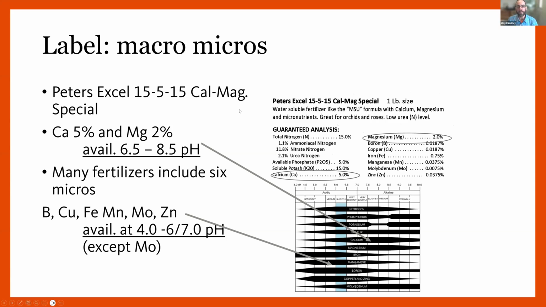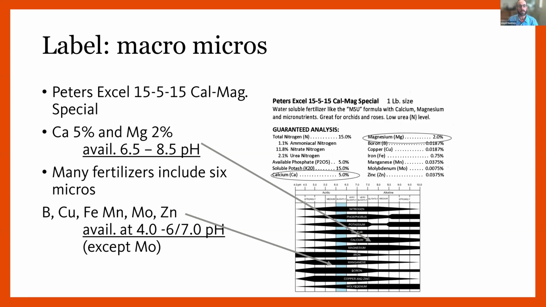You can also find very specific fertilizers. This one, which is relatively common, is called a CalMag or a CalMag Special. And that just means it has a higher proportion of calcium, Cal, and magnesium. So this one would be 5% and 2, and that is quite a bit higher than many other fertilizers.